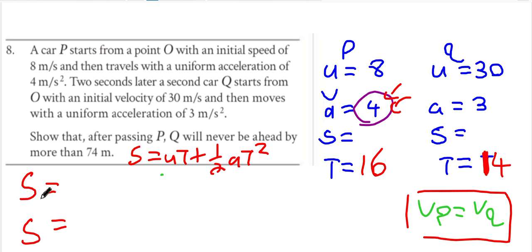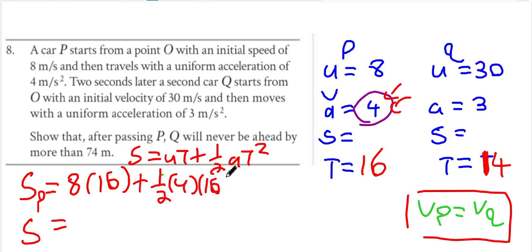We'll go for P first: 8 times 16 plus a half 4 times 16 squared. If anybody has an answer on that, let me know. 640. Anybody coming in with 640 as well? Yep, verified.